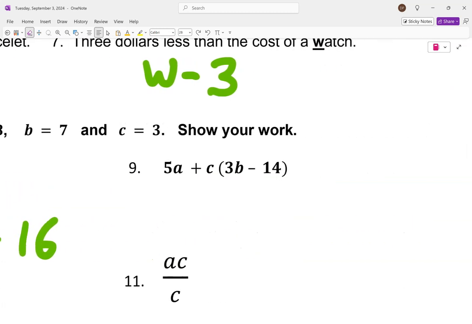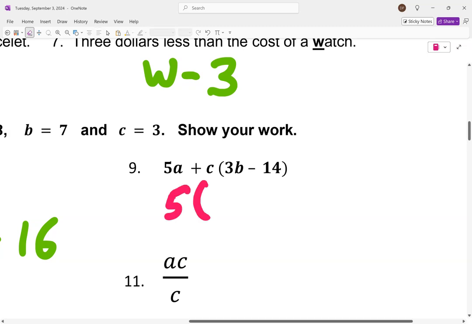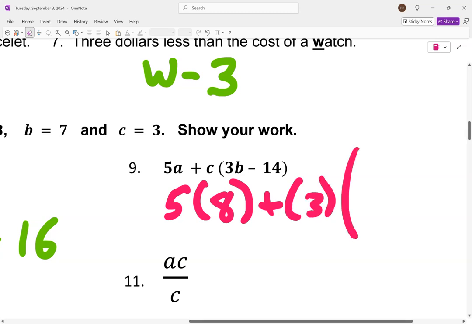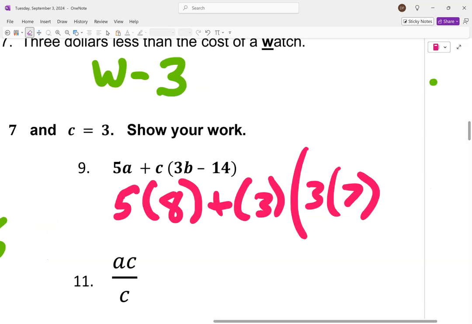Okay, so 5 and then parentheses 8. Plus parentheses 3. And then parentheses 7, and then minus 14. Okay, cool.